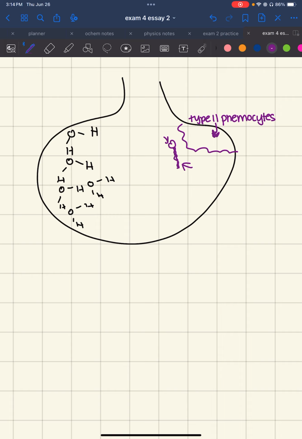We call it amphipathic because it has two opposing parts on it, right? And it sits and it binds to this hydrogen bond, and then it sticks its lipid tail out into the alveolus, and it breaks up the hydrogen bonds. It makes them less tight.